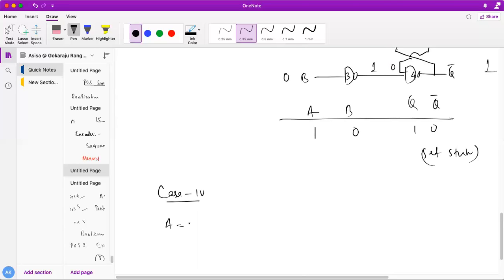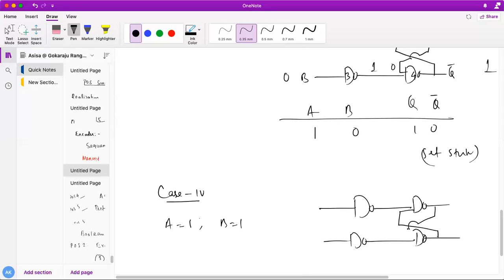In the next case, case number 4, let's say I'm taking A is 1, B equal to 1. This is again my cross coupled circuit, this is A, B, and I'm applying 1, 1. Here I'm assuming 0 and 1 for Q and Q bar.